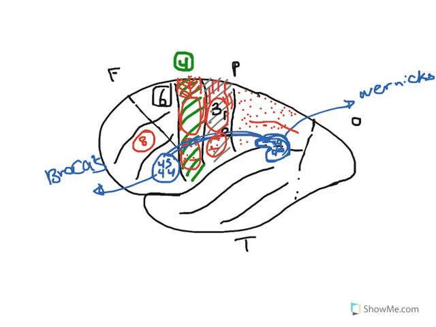So here in the middle of the superior temporal gyrus, we have another area called 41 and 42. This area is the primary auditory area, 41, 42. Okay, so this area is responsible for perceiving auditory stimuli from the opposite side of the ear.